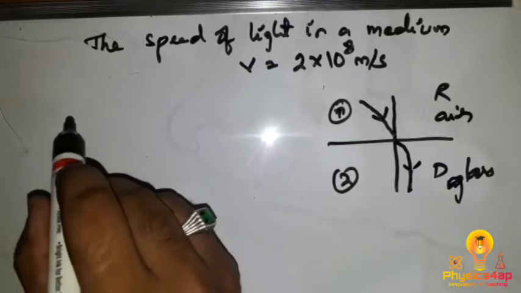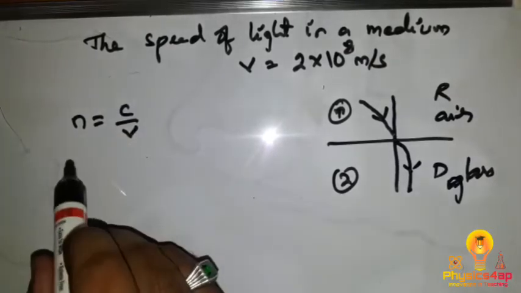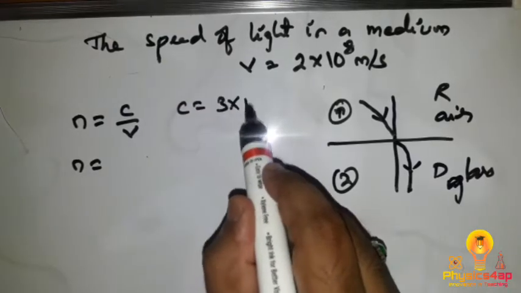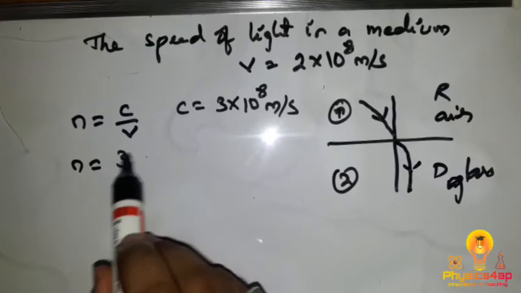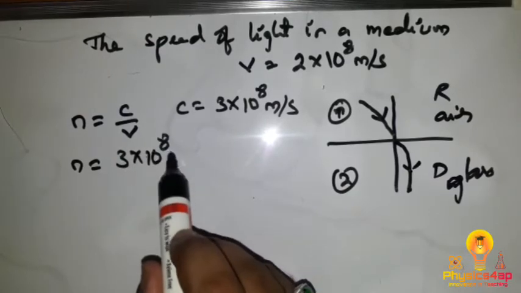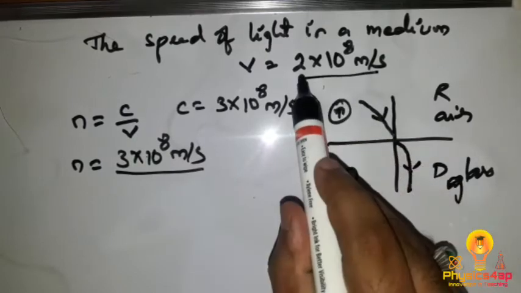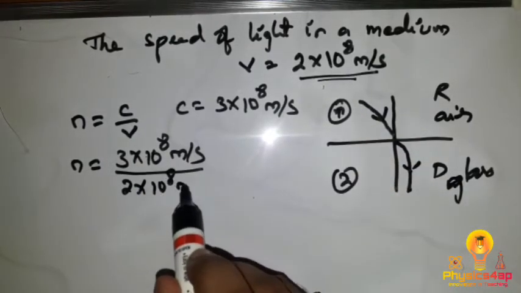As we know, we have the formula n equals C by V. So n equals C, that is 3 into 10 to the power of 8 meters per second, divided by the speed of light in the medium, given as 2 into 10 to the power of 8 meters per second.